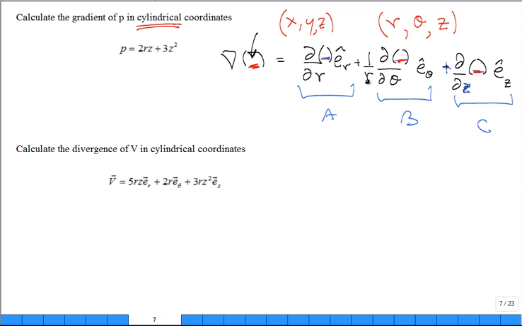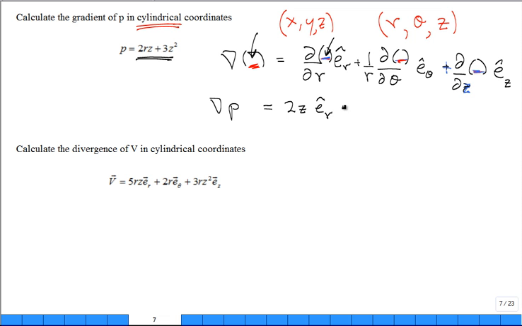Now, yeah, I can take that function and shove it in right here. And in the interest of time and trying not to rewrite everything, the gradient of that pressure field in cylindrical coordinates comes back with something. Can you see what it is? Take that derivative with respect to R. What do you get? 2z e sub r, and then 1 over r times the derivative with respect to theta, 0 e sub theta.